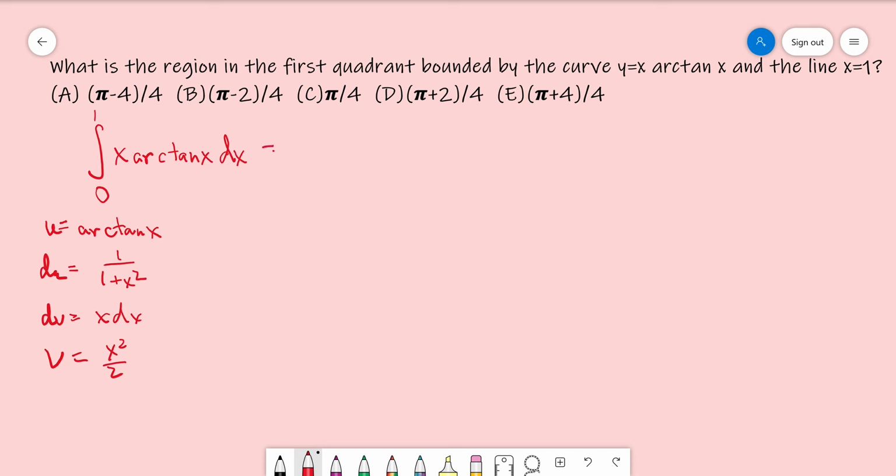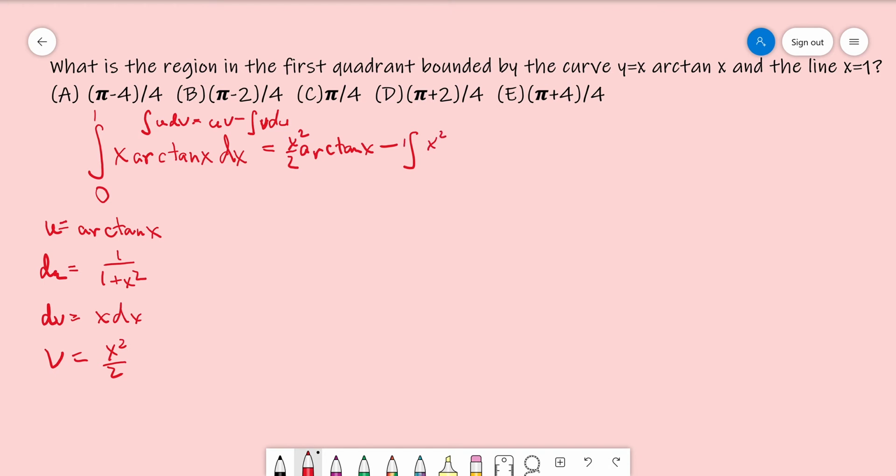Alright, so remember how to do integration by parts. The integral of u dv is equal to uv minus the integral of v du. So this integral is going to equal u, that's arctangent of x, times v, which is x squared over 2, minus the integral of v, which is x squared over 2.